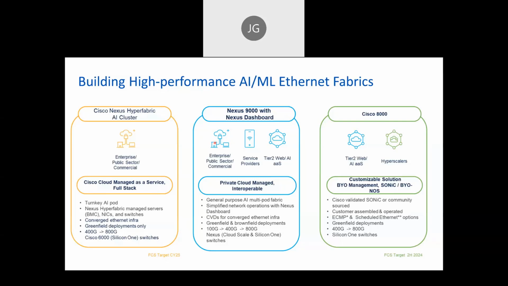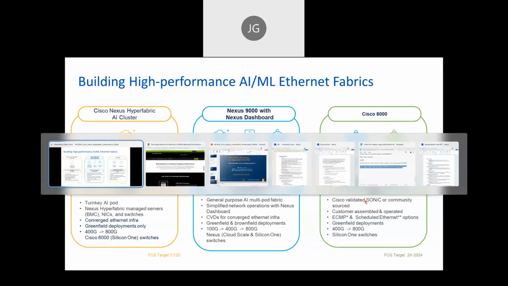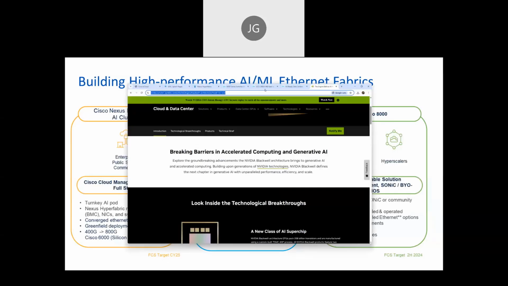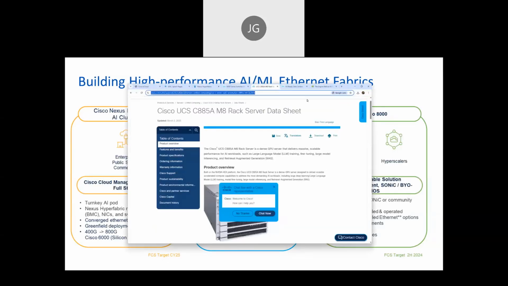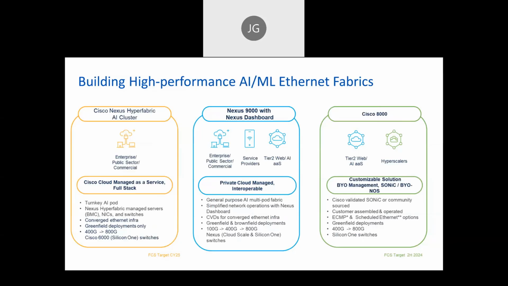We also have, whenever you get a chance, go ahead and take a look at this. We have the 9000 series with the Nexus Dashboard. We also have the Cisco 8000 series with bring your own management and a customizable solution. Another thing that I wanted to throw out here is our M8 solution. So if you have not seen the 885 M8 rack, here it is, the C885 M8.